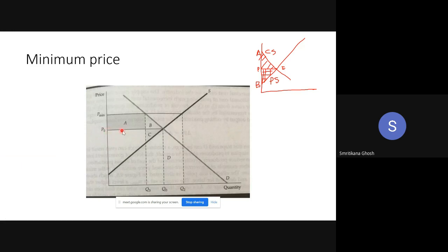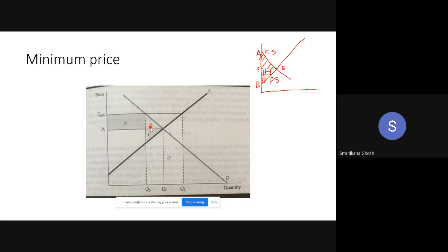If the equilibrium price is P naught, then the total consumer surplus was this area, the area above P naught and below the demand curve. This is the consumer surplus before intervention.